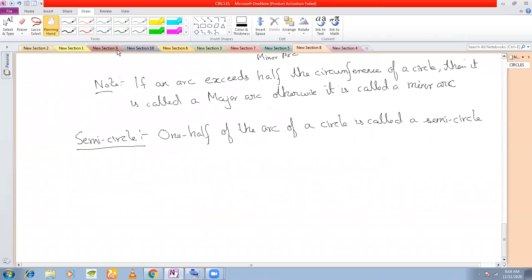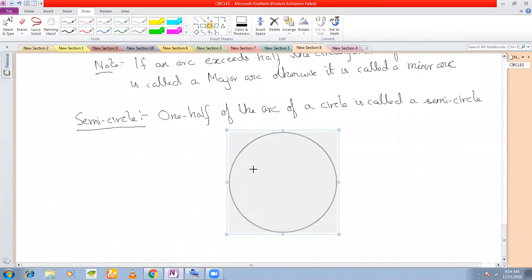So how does a semicircle look like? This is one half of the arc of a circle.